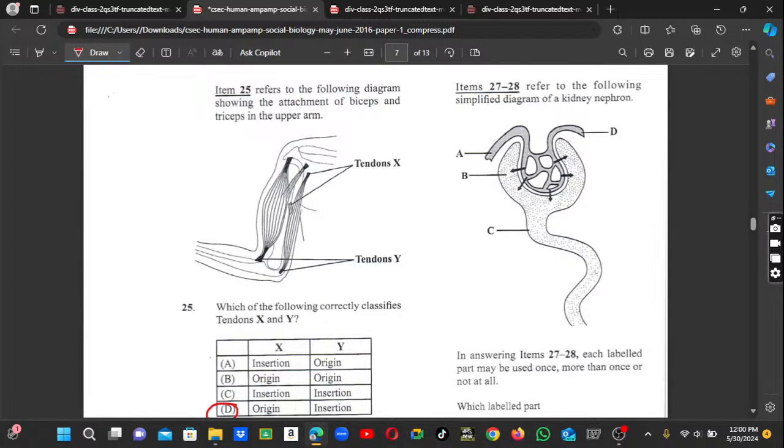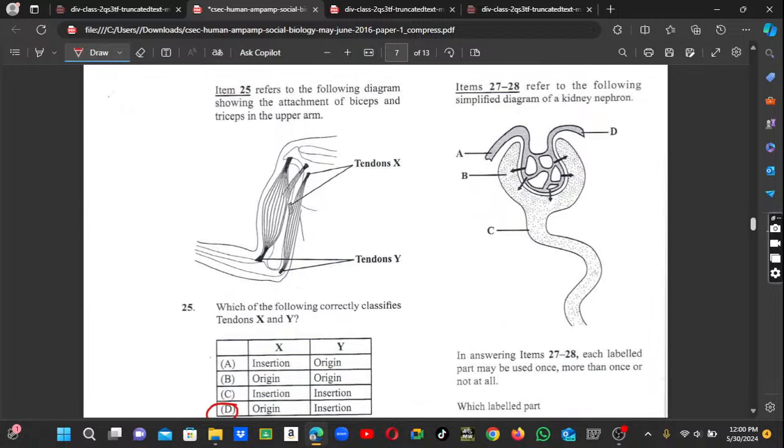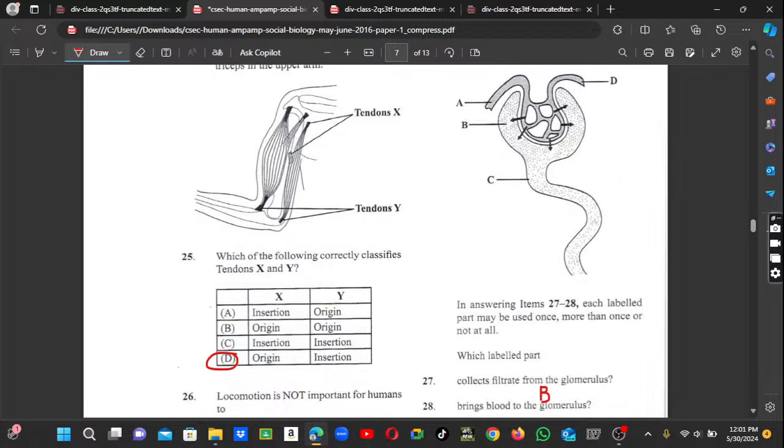Alright, so moving forward now, guys. So here, we're seeing that the label 25 is a diagram showing the attachment of biceps and triceps in the upper arm. So we have tendon Y, we have tendon X. It says which of the following correctly classifies tendon Y and X. So first thing first, you can see that tendon X would be the origin.